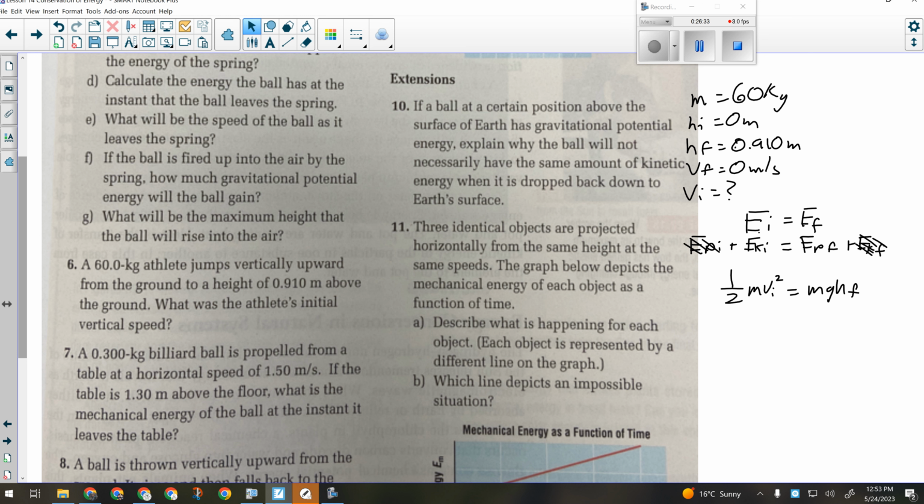Very much like the rock dropping question or the kid on the trampoline question. So I'm looking for VI. How do I get VI by itself? Divide by a half. What happens to the m's? They cancel. So that gets me vi squared, but what do I want? Just vi.